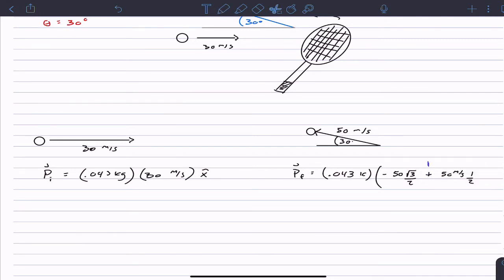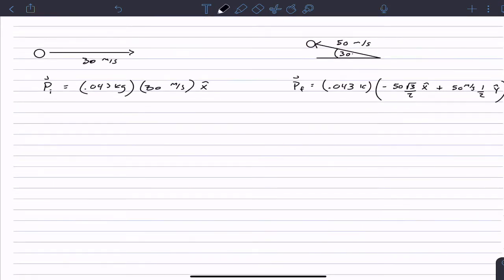I need room for my vectors. x-hat, y-hat. Okay. Alright, so just doing a little bit of simplifying. By the way, I'm using what is known as conservation of momentum. Actually, no, we're not going to need that in this one. I'll show you what we're going to do. We're going to do an average change in momentum. But I just want to simplify a little bit. So this is the same. This isn't really changing.